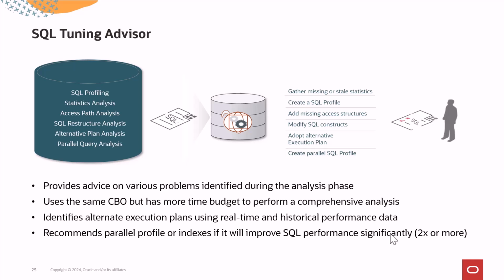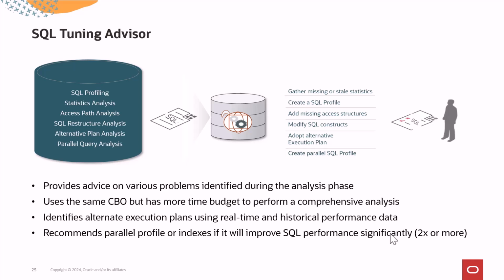Then after the analysis phase, it goes to the database and checks and advises if there are any missing or stale statistics, if there is a need for new SQL profile creation, and if there are any alternative plans or a need for parallel SQL profile creation, and if there is any need of modifying SQL structures. So all of this is to improve SQL's performance significantly.